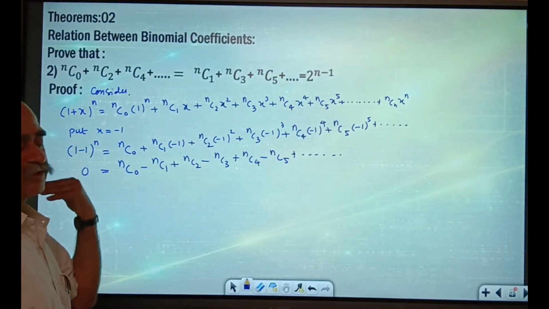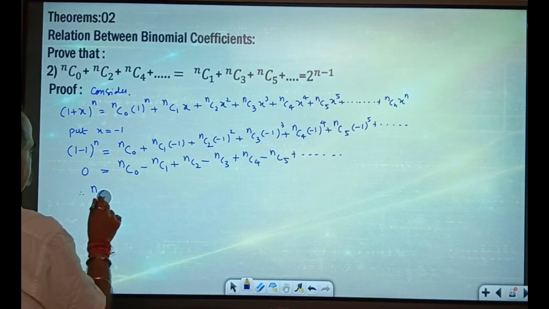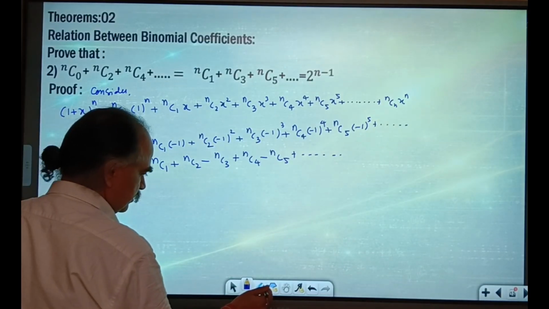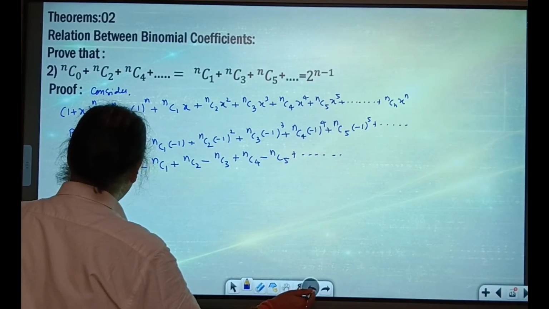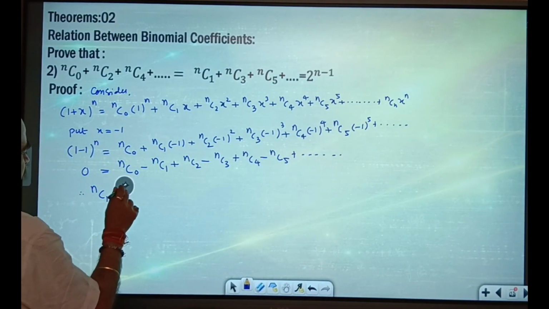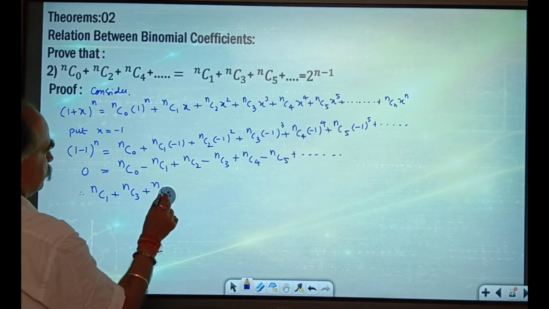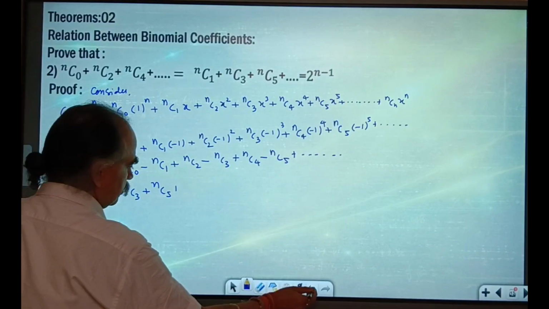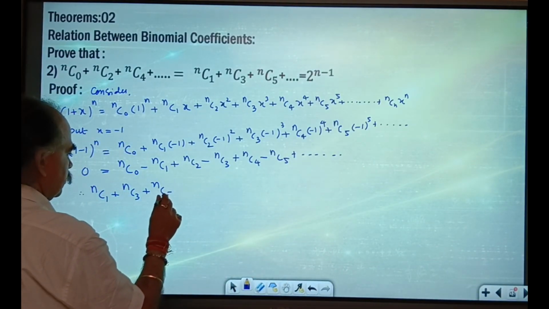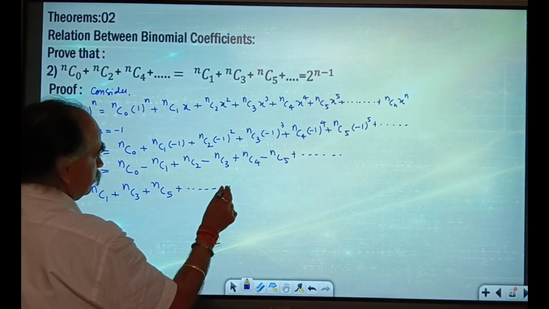We will bring negative terms on this side. Therefore, nC1 plus nC3 plus nC5 plus so on.